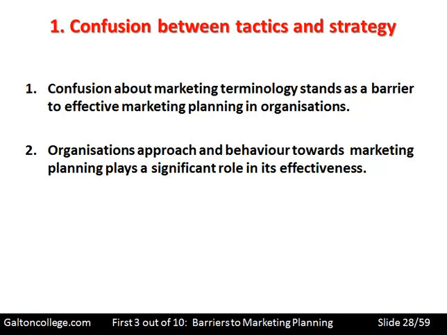Organizations' approach and behavior towards marketing planning plays a significant role in its effectiveness. So it's important that the marketing plan be put in place, because the marketing plan is what's going to drive the effectiveness of the business in total. Once the marketing plan is in place, and that's the product, as I said earlier, of clear thinking and good research and so on, then the rest of the business knows what it must do.